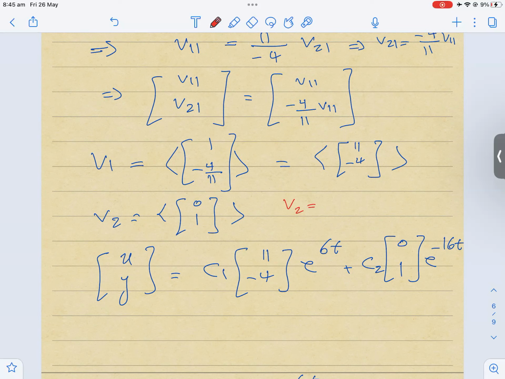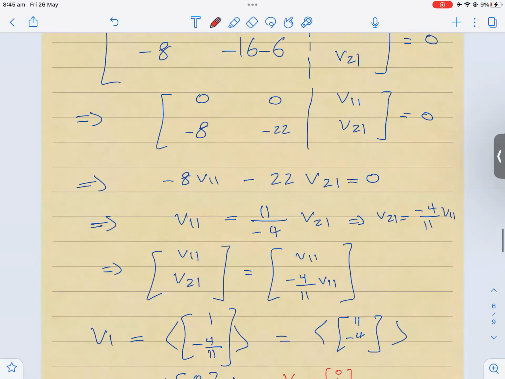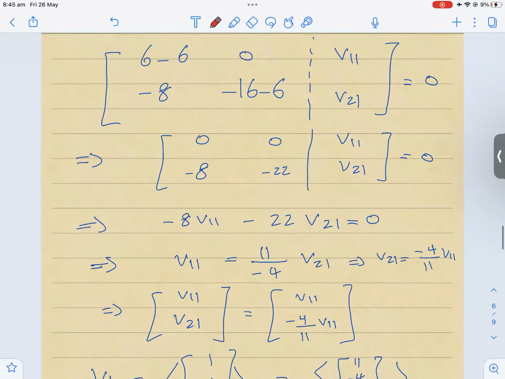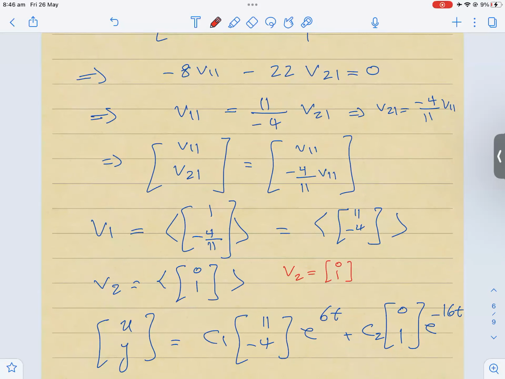I got (0, 1). Just plug in the eigenvalue of -16 and you get the matrix of 22, 0, -8, 0. Yes, I think it's right.